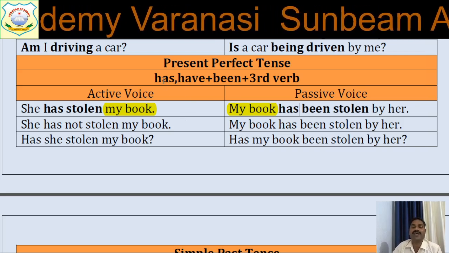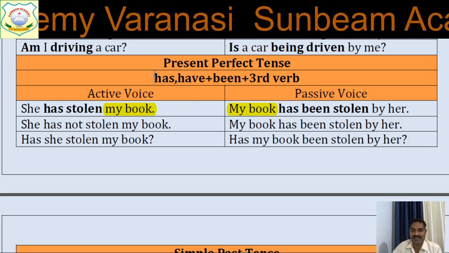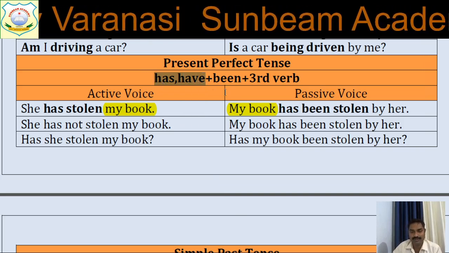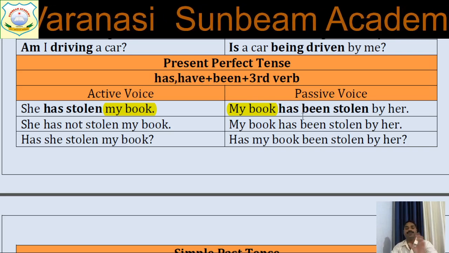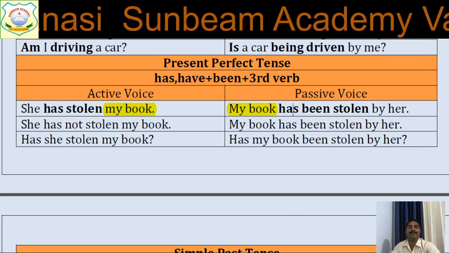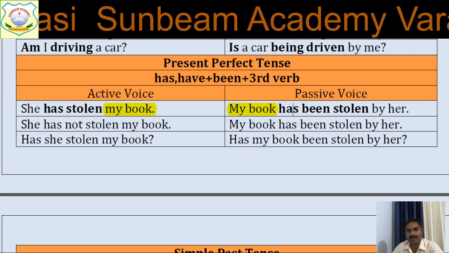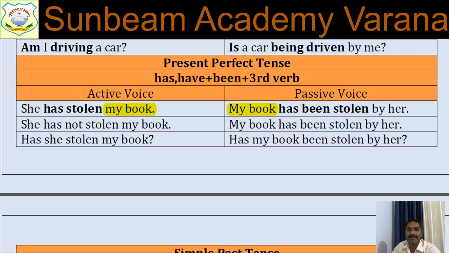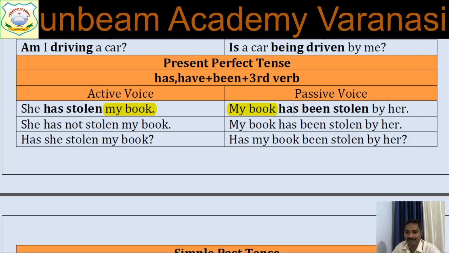There are only two helping verbs, has and have. Alright. And then you use been between the helping verb and the main verb, which always remains in third form. So you have written here, my book has been stolen by her.